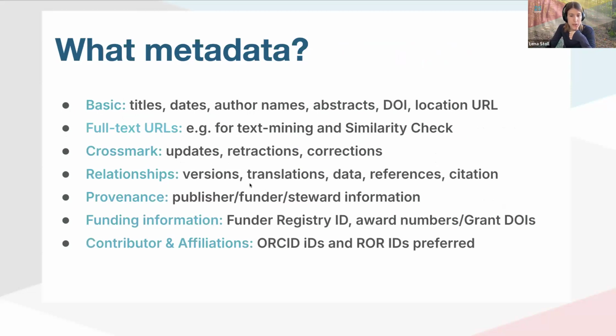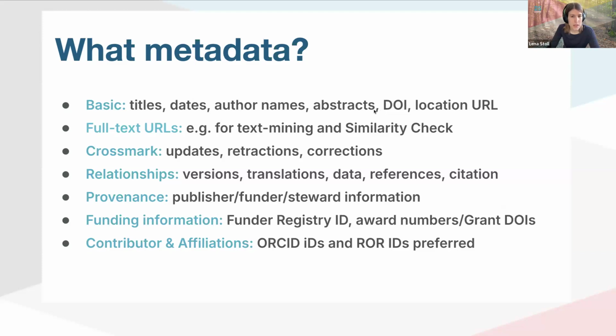And what metadata are we talking about here? There is a basic bibliographic metadata record, much of which is required for you to be able to register a DOI in the first place. So think things like titles, contributor names, that kind of thing.